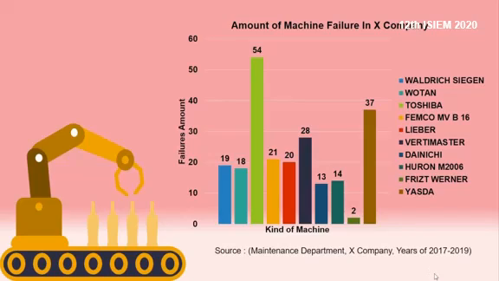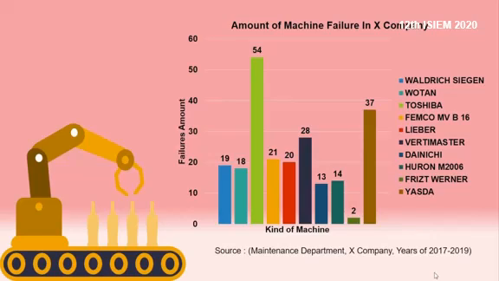This graph represents the frequency of CNC machine failures from 2017 until 2019. As we can see, the Toshiba CNC machine has the highest amount of machine failure. So the Toshiba CNC machine will be used as the object of this research.